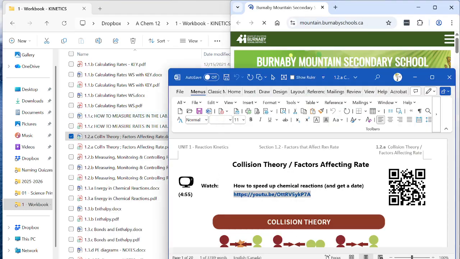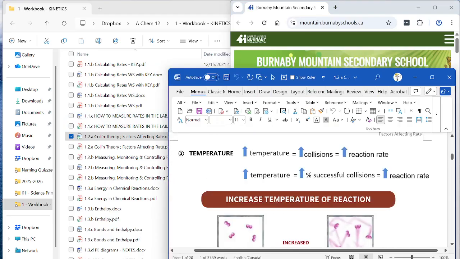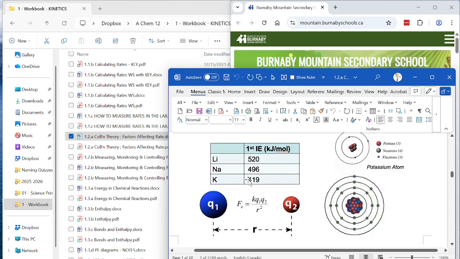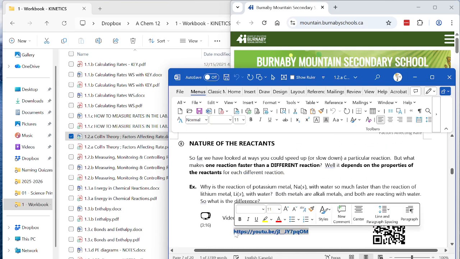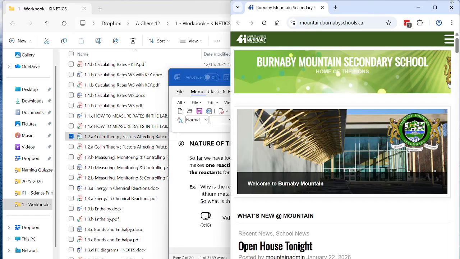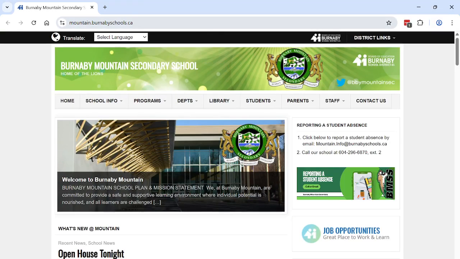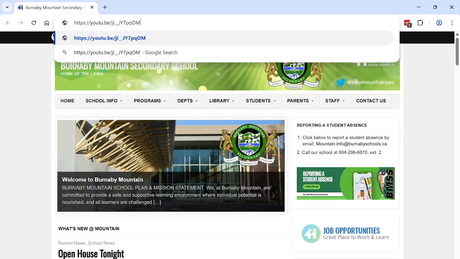That's not the one I wanted. It's the one down here. So we are going to compare various alkali metals in water.